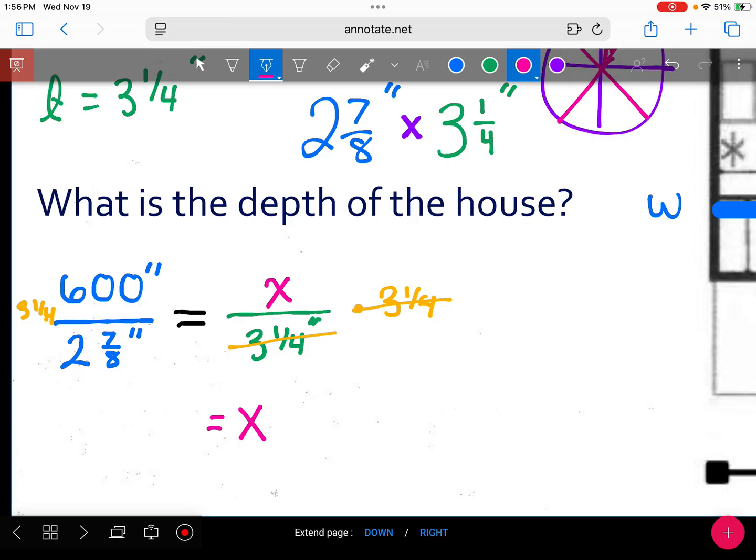What do we get? What should our X be? Then at least we can do it: 600 divided by 2 7/8.